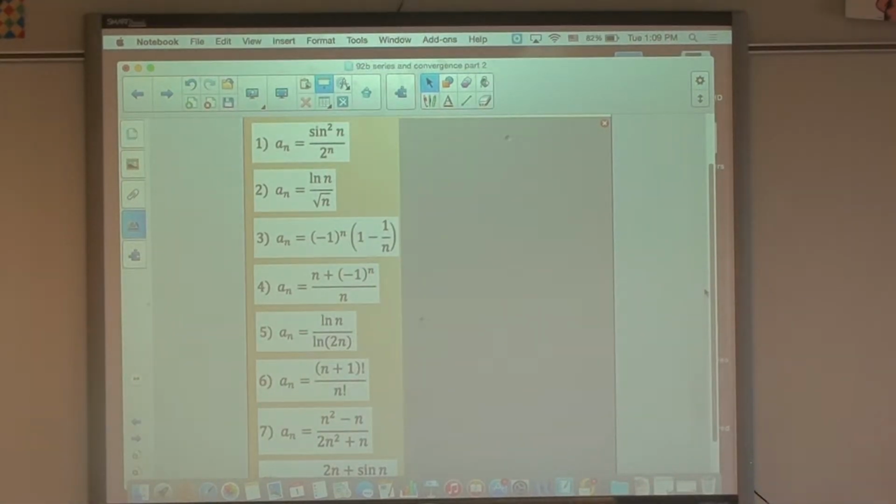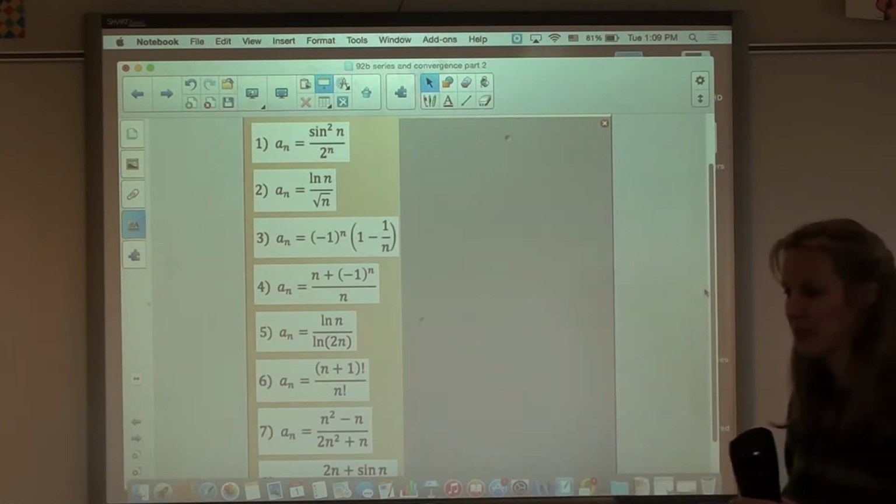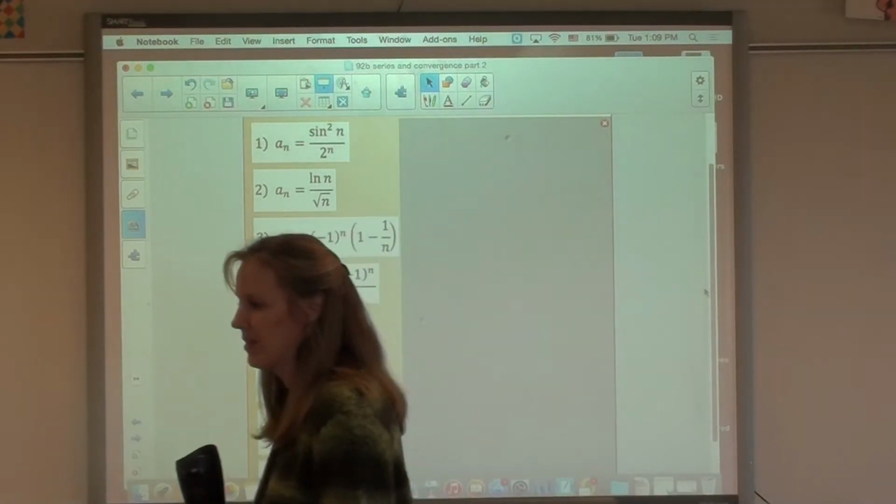Okay, talk amongst yourselves, make sure you run through, think about these a little bit logically. Don't just try to do them all with algebra. Try to think about them a little bit. Think about the limit as n approaches infinity of sine squared over 2 to the n, and what the implications would be.